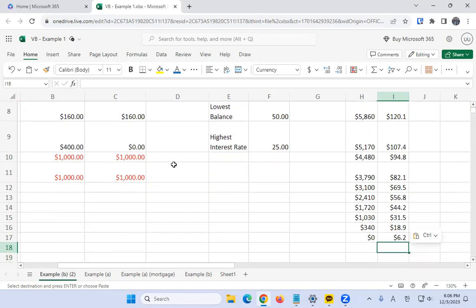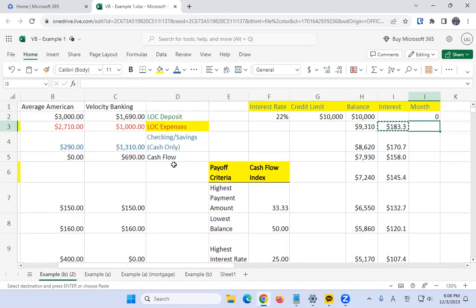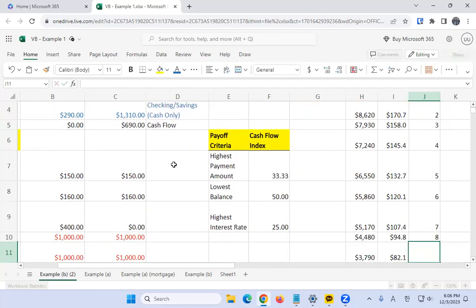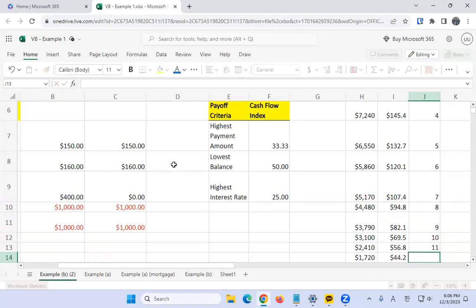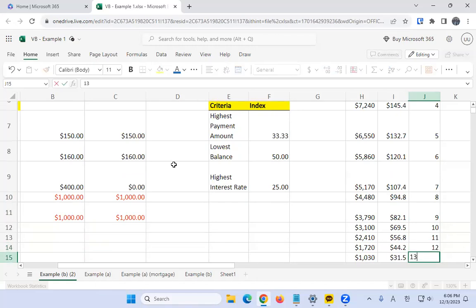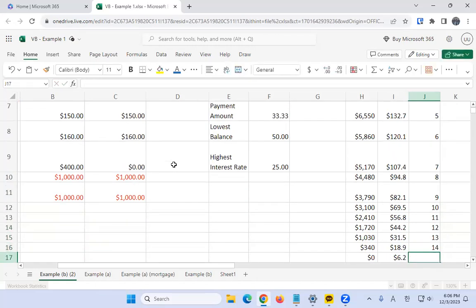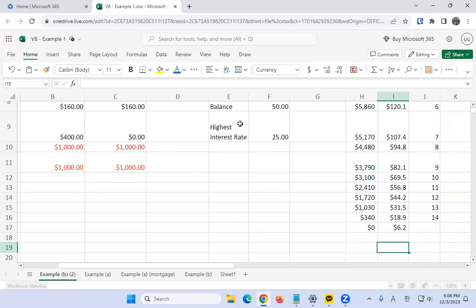And I'm going to go ahead and calculate how long it's going to take to pay off this first $10,000 credit card, right? So 12, 13, 14, right? And let's go ahead and sum this up. So about 1,421.